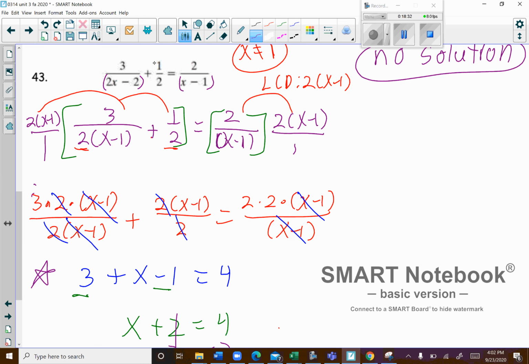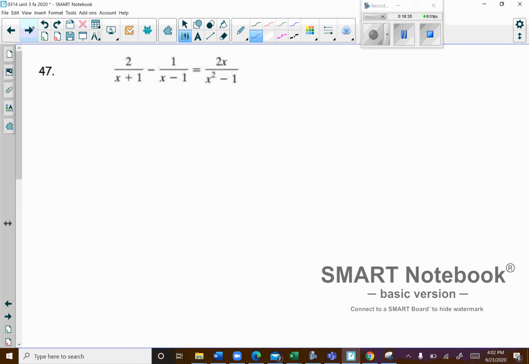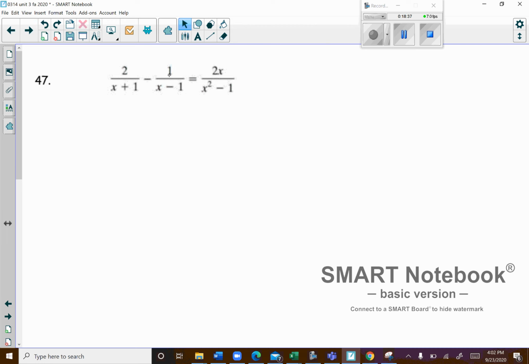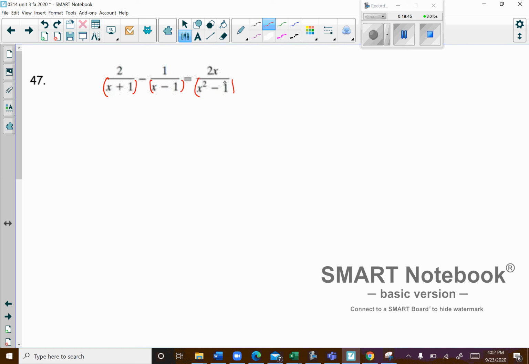All right, I got one slide to go. All right, so here we go. So once again, I can factor this a little bit here. So let's see, I've got an x plus 1, x minus 1, and then I've got x squared minus 1. So I've got the difference of two squares. So let me go ahead and write that here.